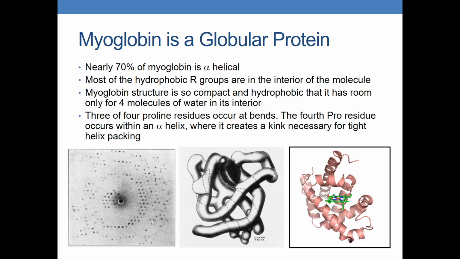And then flash forward to the 1960s, and now we have something that is much more high resolution. So this should show you something about the progression of the resolution of the model. The first X-ray structure of a protein, this one, myoglobin, was low resolution.